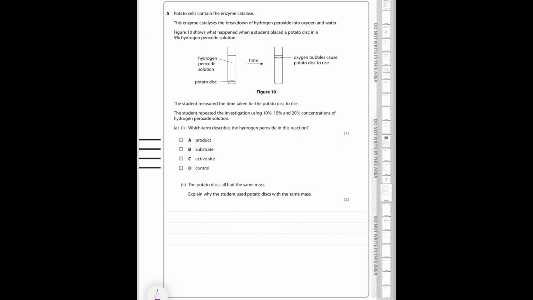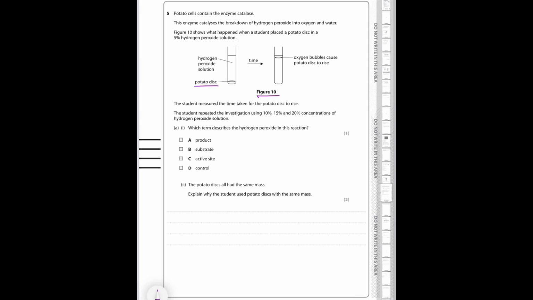Potato cells contain the enzyme catalase. The enzyme catalyzes the breakdown of hydrogen peroxide into oxygen and water. Figure 10 shows what happens when a student placed a potato disc in a 5% hydrogen peroxide solution. So we've got our potato disc at the bottom, and then we had our hydrogen peroxide solution. And over time, oxygen bubbles will cause the potato disc to rise.